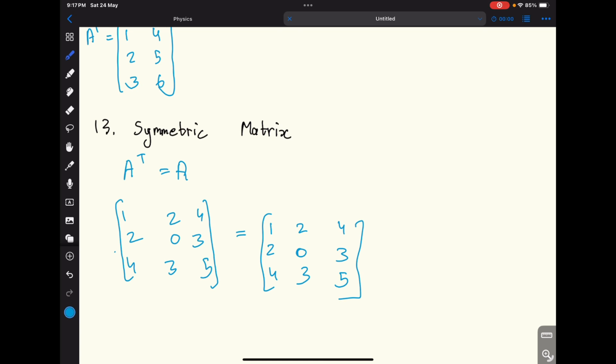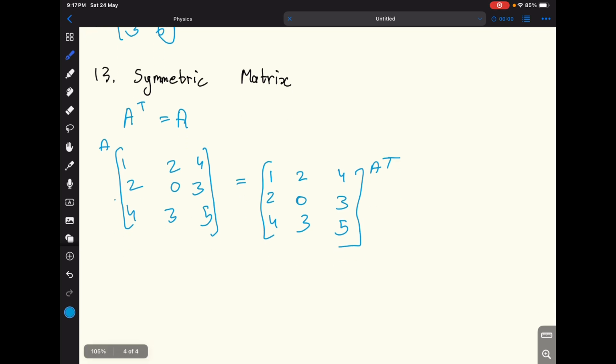Doesn't it look the same? So when we did the transpose, this is A transpose, this is A. When we transpose A, it turned out to be the same as A. So that is a symmetric matrix.